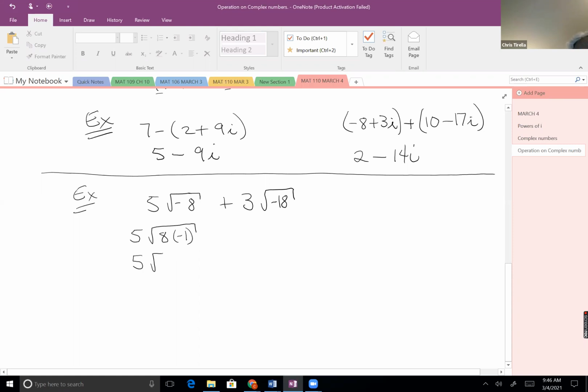I can think of that as the square root of 4 times 2 times negative 1. So that'll give me 5 times the square root of 4, which is 2, times the square root of 2. And the square root of negative 1 is i. So that gives me 10 radical 2i.